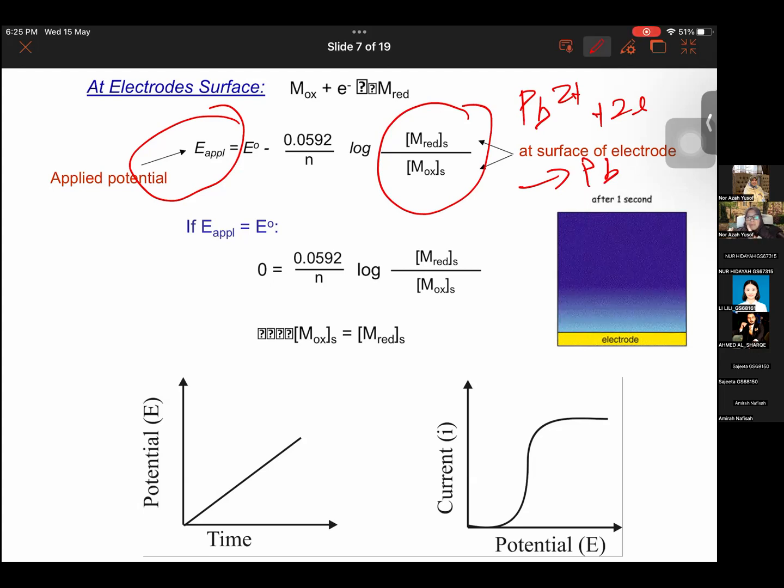If we are analyzing metal, it's quite easy because metal is already electroactive. But imagine if you are trying to do DNA, antibody, or organic materials like glucose, they are non-conducting.